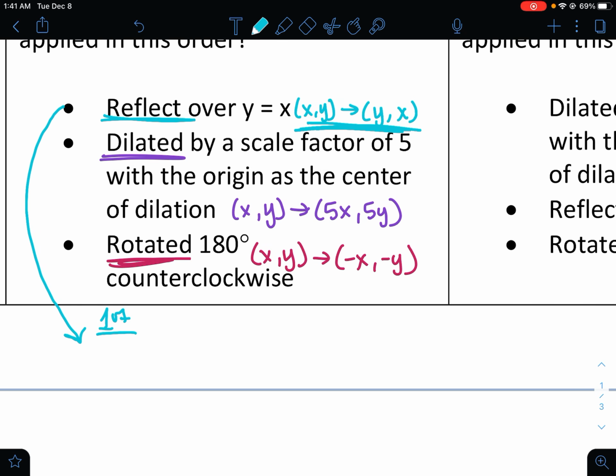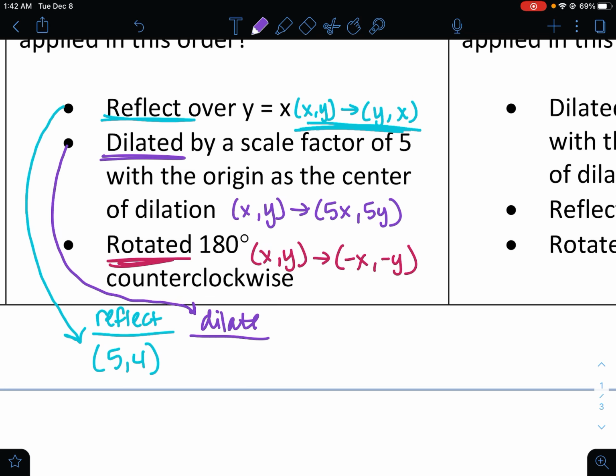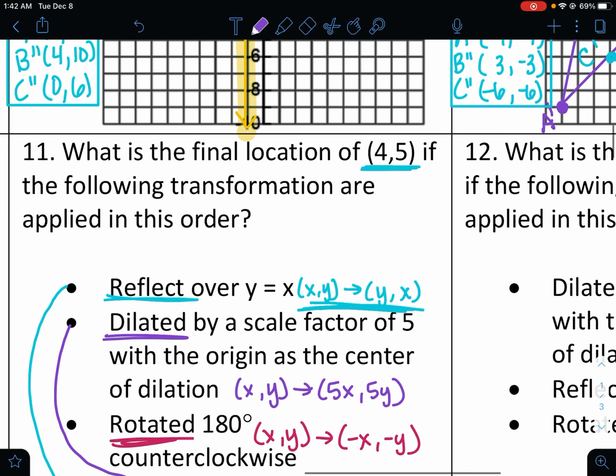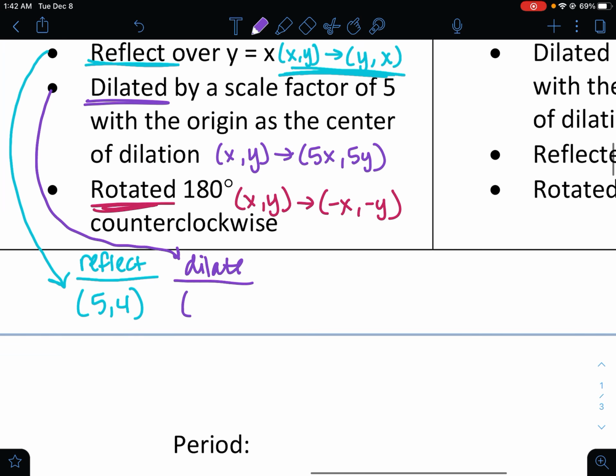First is the reflection. Once we reflect, it'll be (5, 4). Then we have to dilate. The dilation says we have to multiply both of those by 5, so that's going to be 25, because 5 times 5 is 25, and 20 because 4 times 5 is 20.